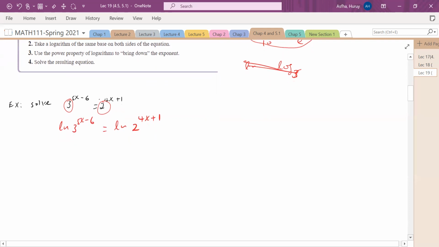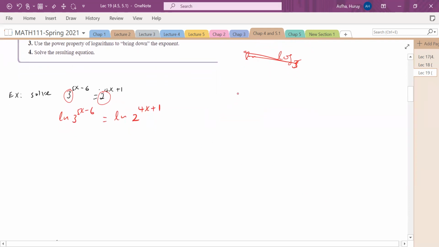Now, what do we have? There is one logarithmic property, the power property of logarithms. If we have log of x to the power of a, we can bring the exponent down, a times log x. This is what we call the power property.